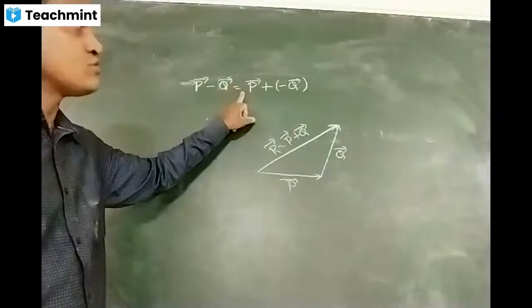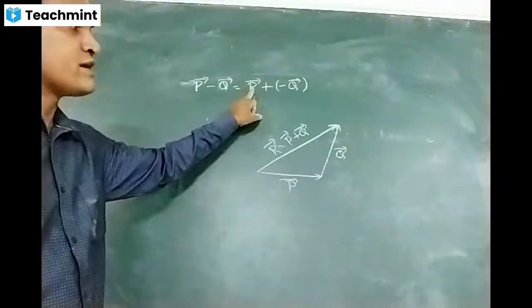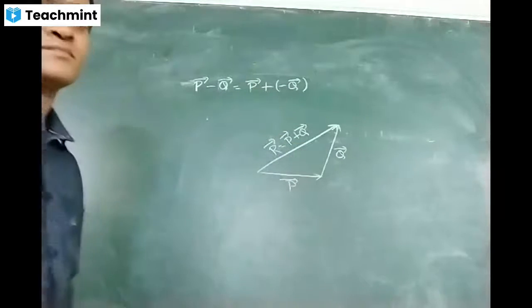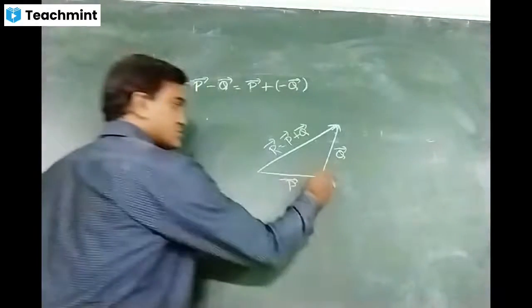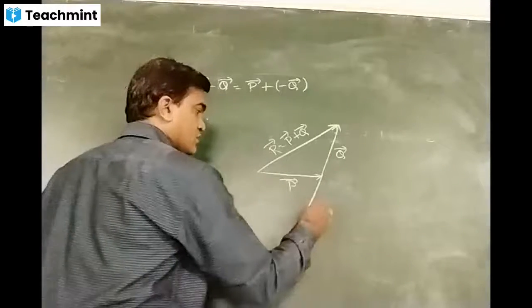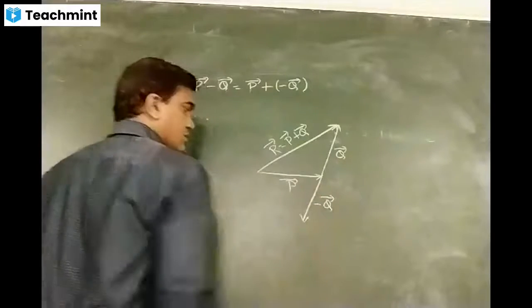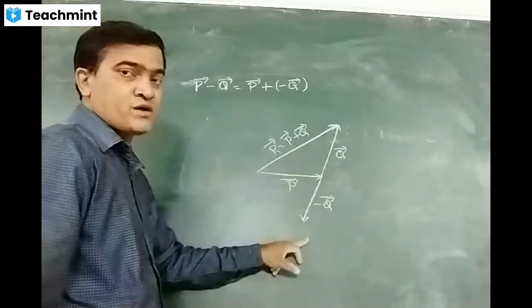That means I have to add the negative vector to the first vector. How can I draw the negative vector of Q bar? Taking it backwards, changing the direction. Now this is minus Q bar. This one is the first vector P bar, and this one is minus Q bar, the second vector. How will you get the resultant?